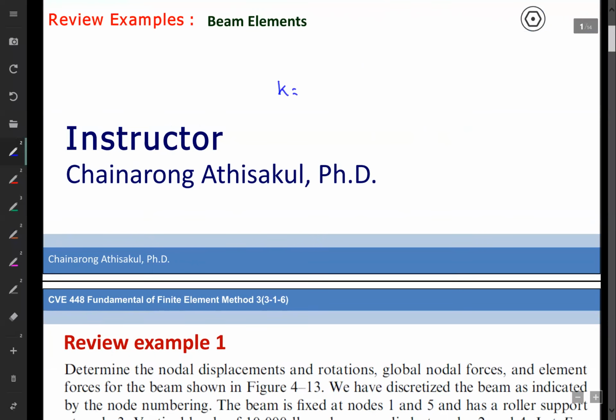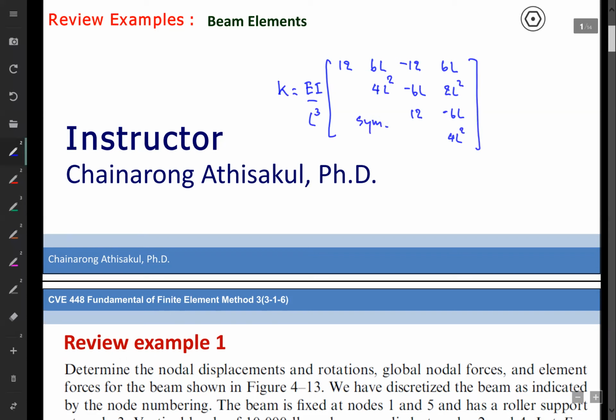The beam element stiffness is EI over L cubed, times the matrix: 12, 6L, minus 12, 6L; 4L squared, minus 6L, 2L squared; 12, minus 6L; and 4L squared. It is a symmetric matrix, 4 by 4 like this.